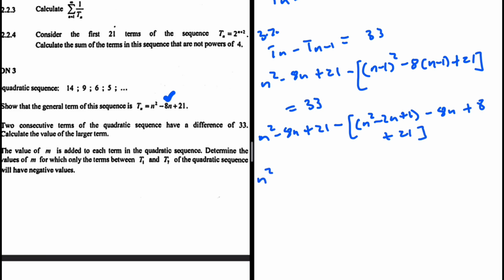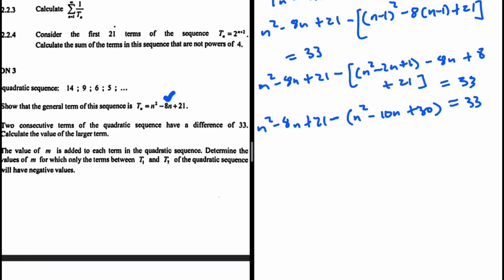Okay, so this is all equal to 33 by the way. So n squared minus 8n plus 21 minus, and then we have n squared, so minus 2n minus 8n, that is minus 10n, and then plus 1 plus 8, that is 9, plus 21, that is 30, so plus 30 is equal to 33.